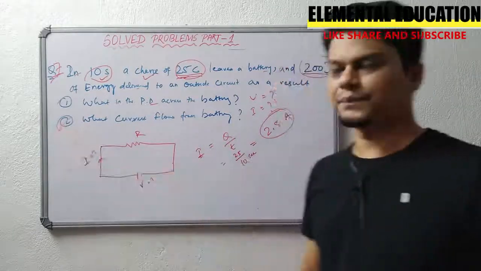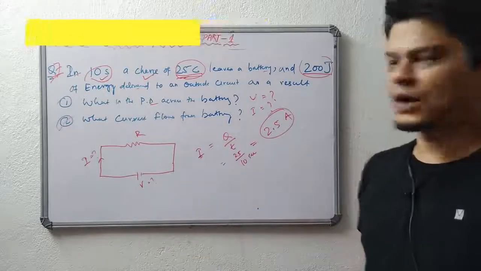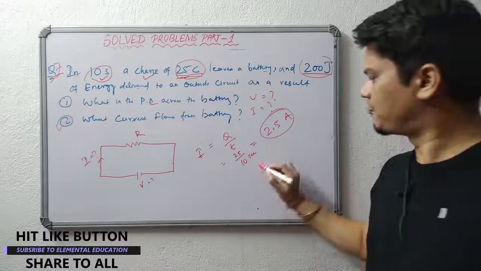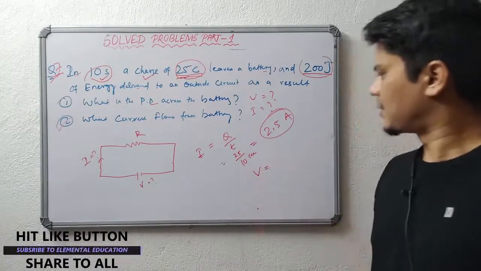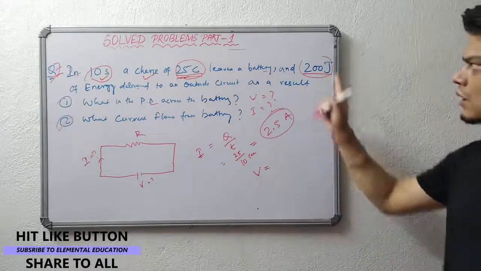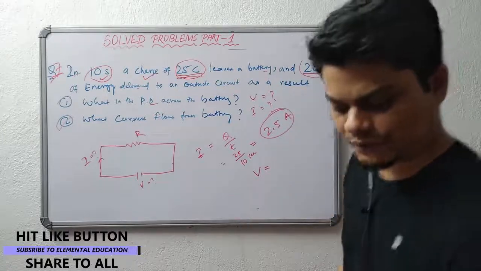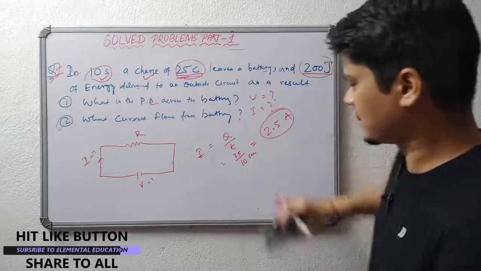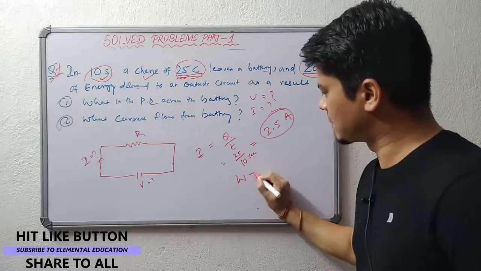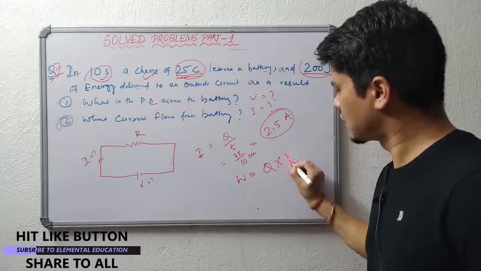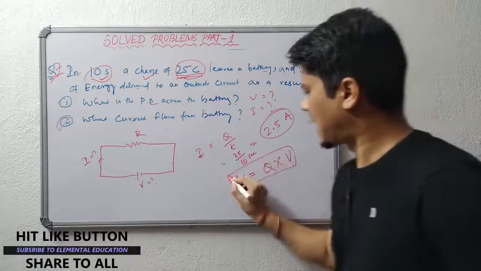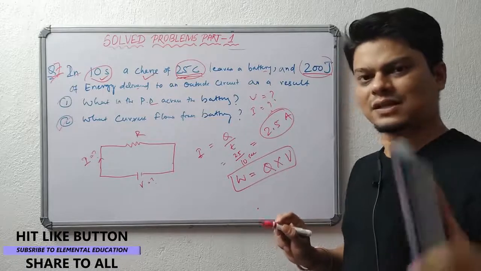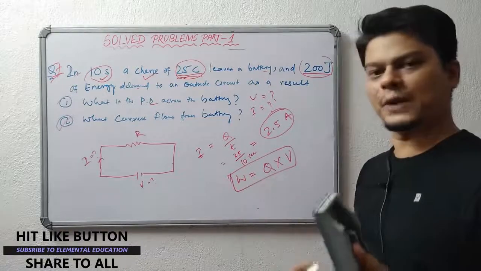Part 2 is solved. Now part 1, what is the potential difference across the battery? V. We know work done equal to Q into V. I have already told you in part 3 of electricity. Watch that video completely, you will know this formula.